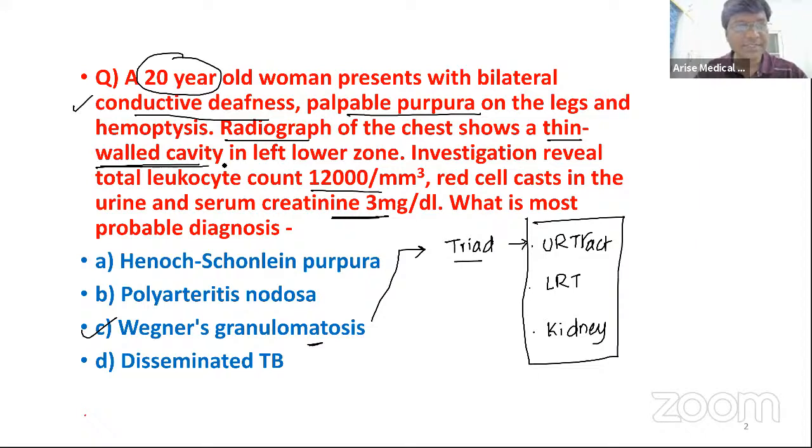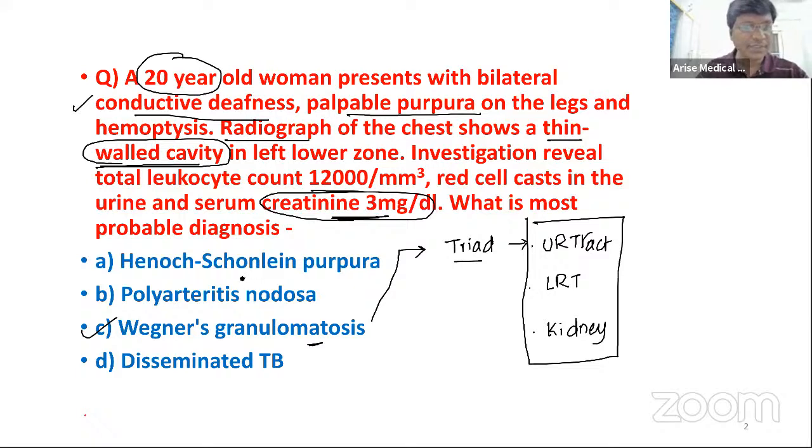That means there is lower respiratory tract involvement as well. Then, the kidney involvement. How is it given in the question? In the form of serum creatinine 3 milligrams per deciliter. These three are the classical manifestations you will see in case of Wegner's granulomatosis.